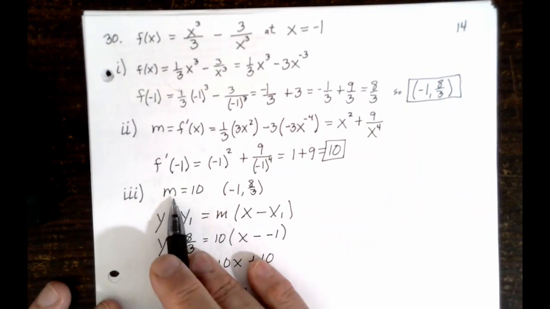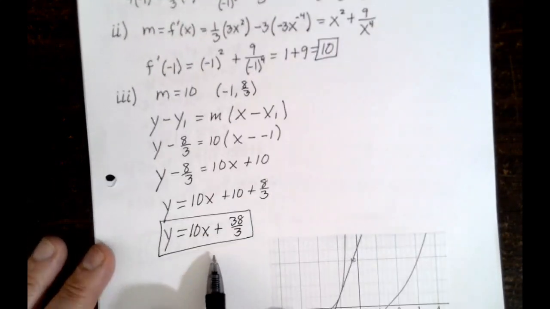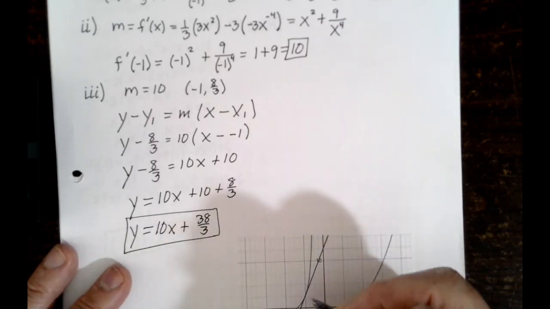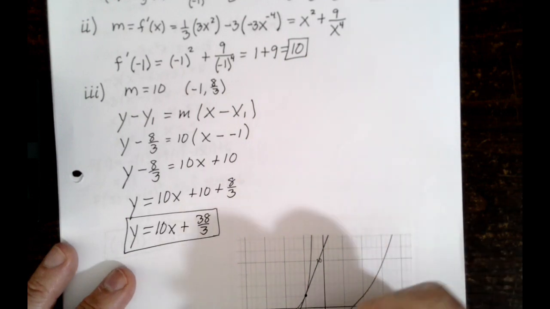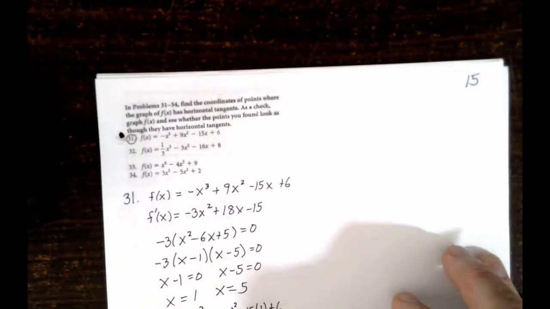So now you've got your slope and your 1 point. You plug them into the equation and solve. And so now you know that that's your equation of the tangent line, and that's what you get right here at -1, 8/3. There's your tangent line, there's your original function, and the graph matches what we found.